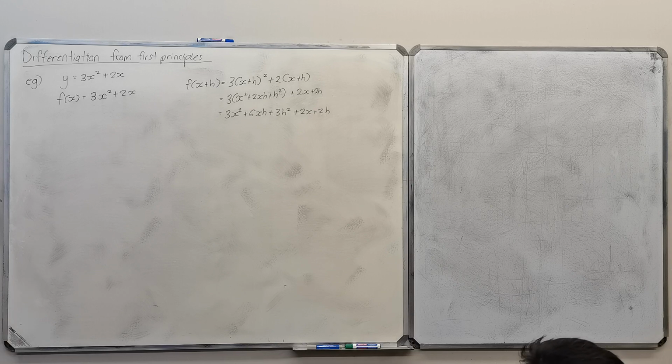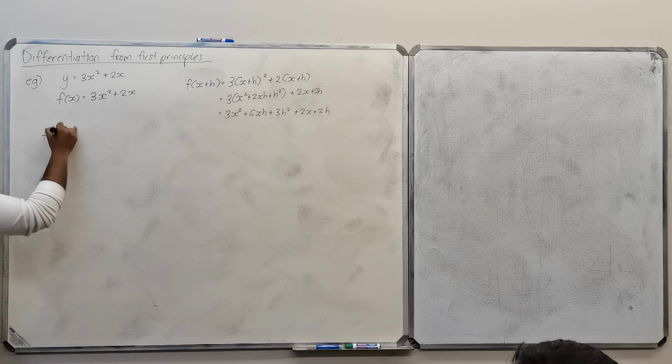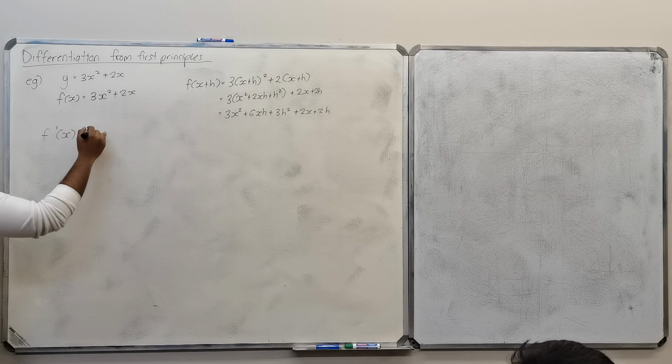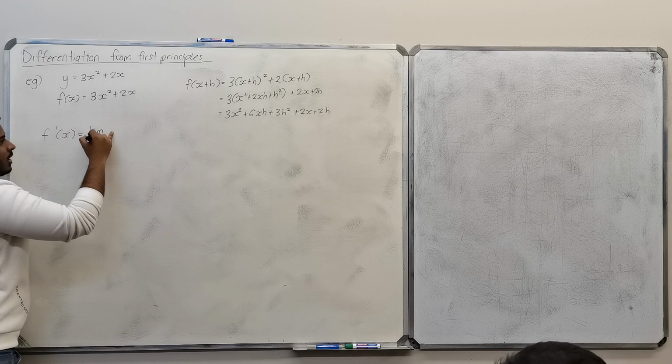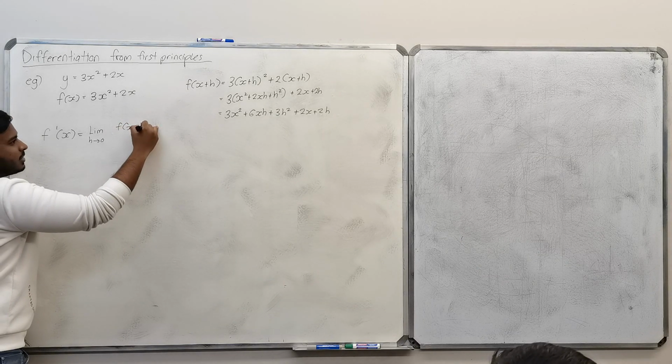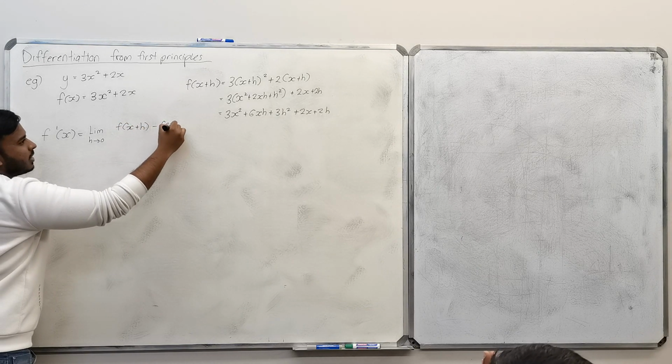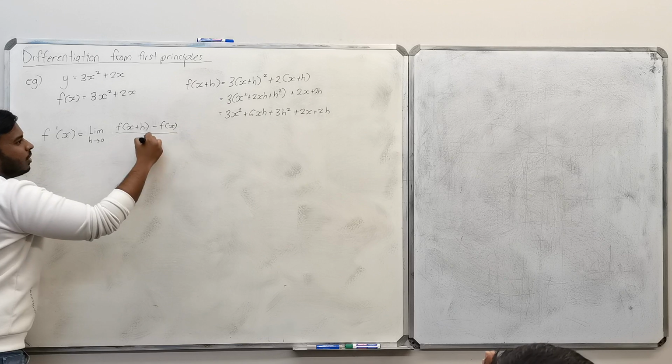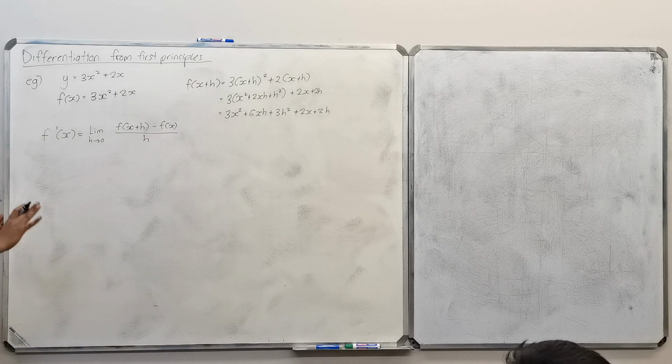They asked you for the differential coefficient. How does that symbol look? f prime x, right? So f prime x is equal to the limit as h approaches 0 of f of x plus h minus f of x, all over h, all together.